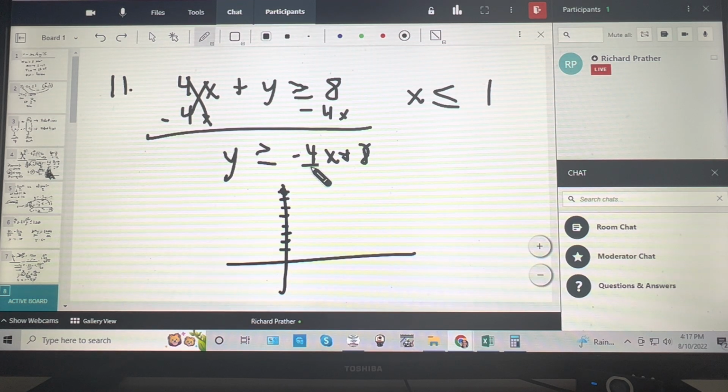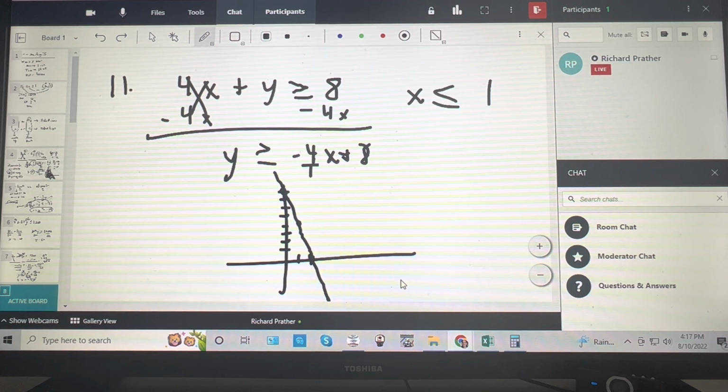And the slope is negative 4 over 1, so you go down 4 over 1. And you could do it again. Down 4 over 1. It's greater than or equal to, so that would be a solid line. And you would shade up, even though it's close to vertical, you're shading up, if you just had that one.